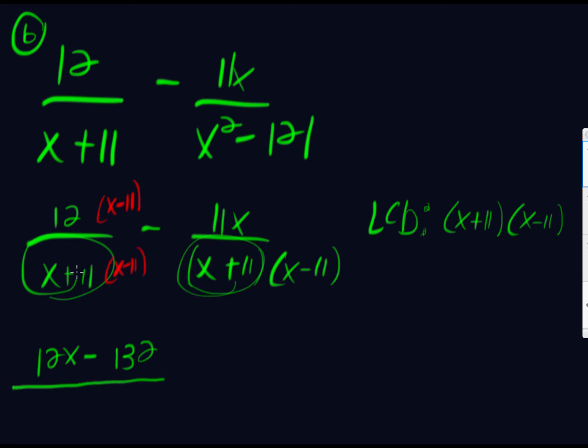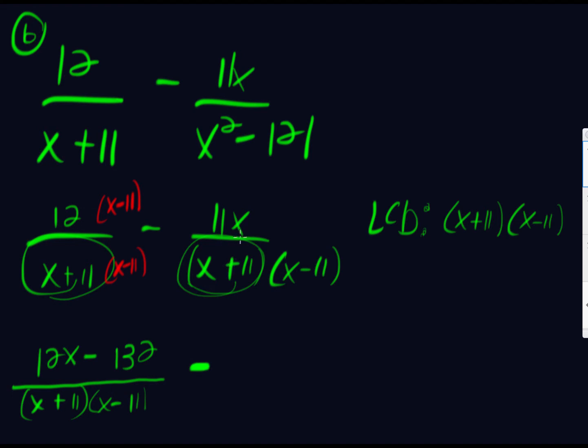And then for that denominator, I have to FOIL these two binomials. Well, you can FOIL it, but our least common denominator is x plus 11 and x minus 11, so you can leave it like that for right now. Minus.